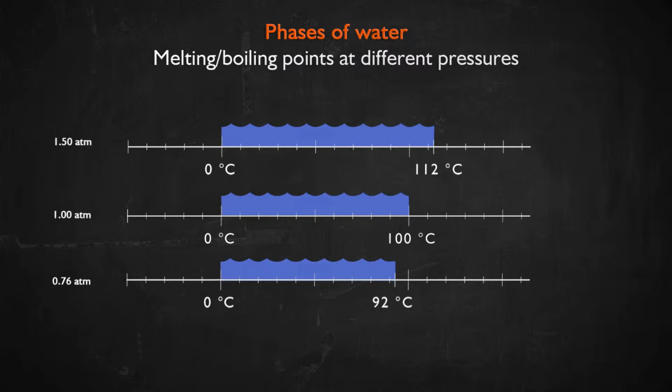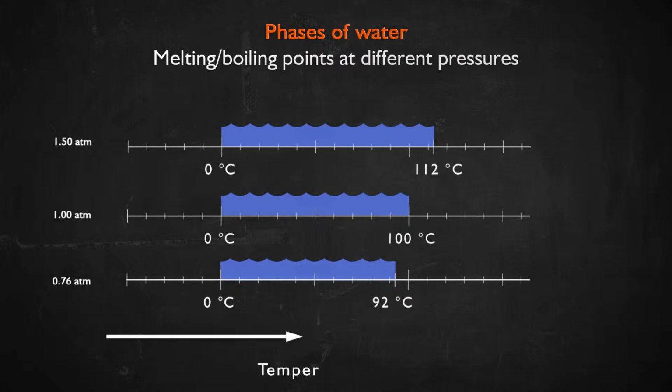Whereas in turn, if we lower the pressure, so if we went down to about, say, 3/4 of an atmosphere, then again the liquid-solid temperature stays about the same, but the liquid-gas transition temperature decreases to about 92 degrees Celsius. One can make plots like this, these little one-dimensional plots, at lots of different pressures.